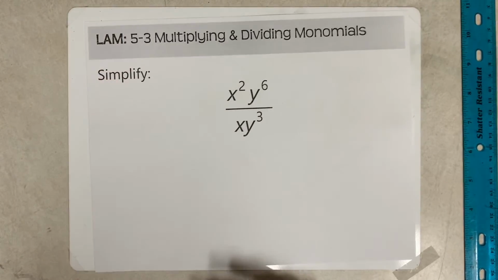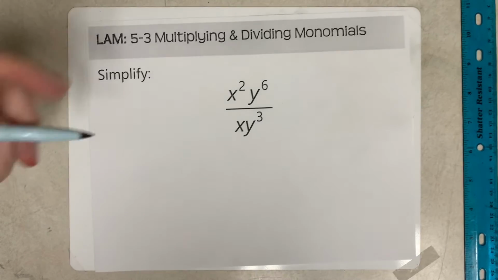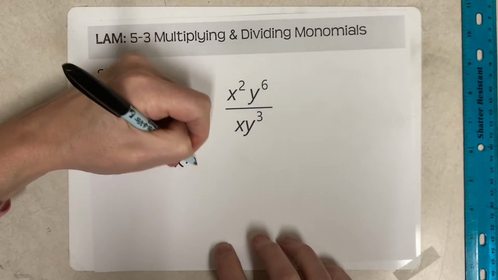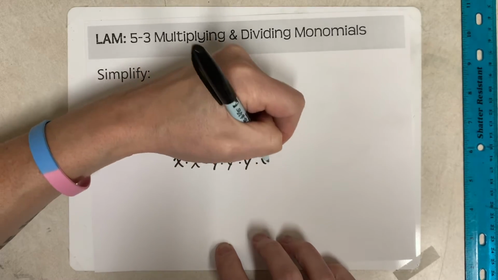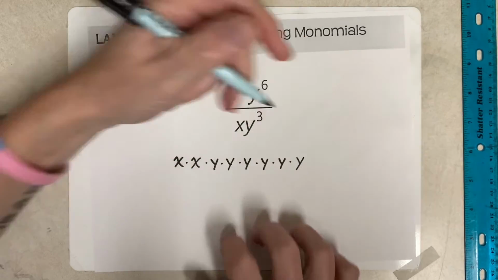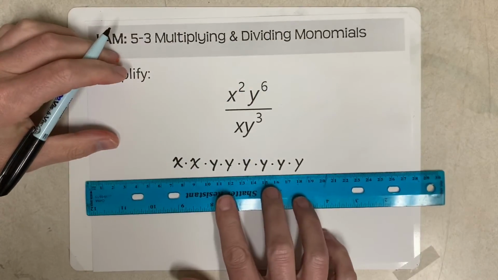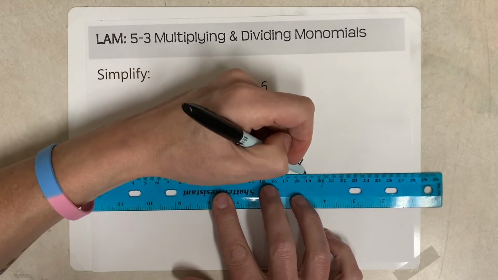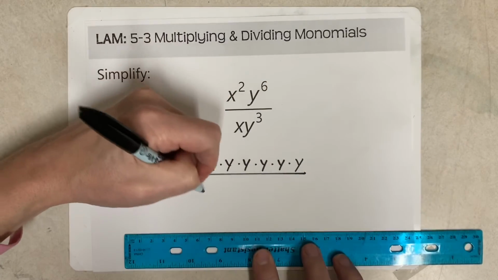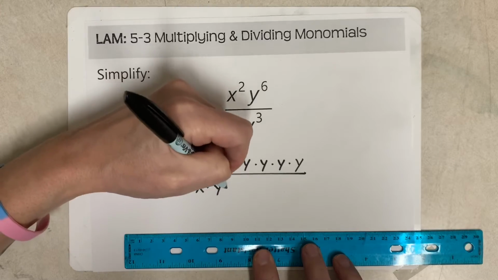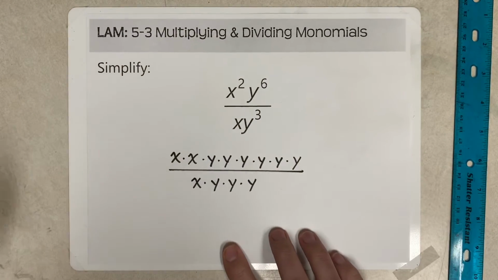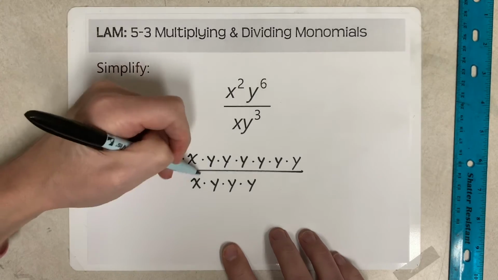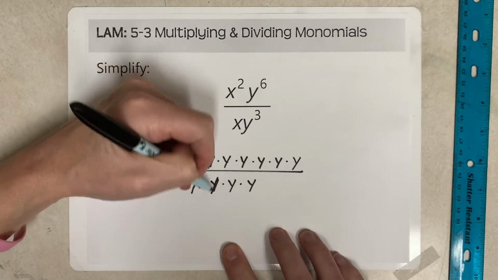This one, we've got a lot of stuff going on, so I'm just going to write it all out. 2 x's, and then 6 y's. 1, 2, 3, 4, 5, 6. Down below, 1x, 3 y's. And now we cancel some stuff out. So an x cancels, and 3 y's cancel.